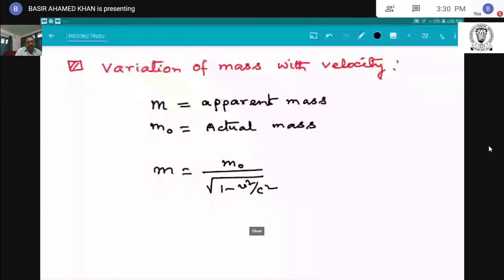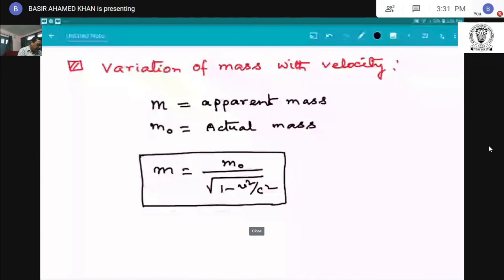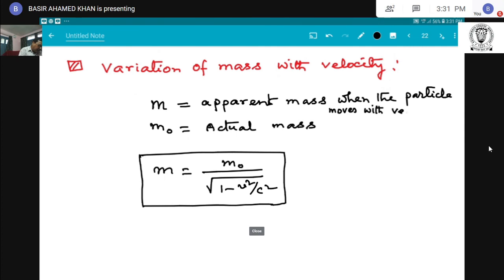In my class lecture I deduce this relation, but in the video lecture I just put here the final result of variation of mass with velocity.